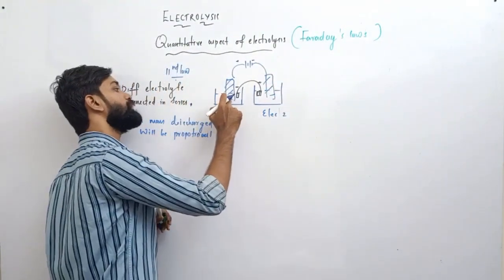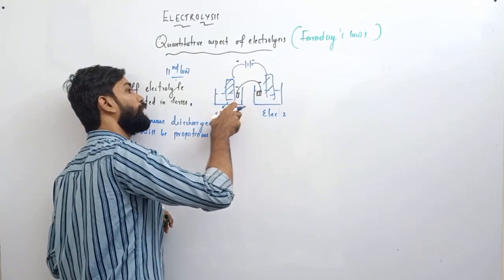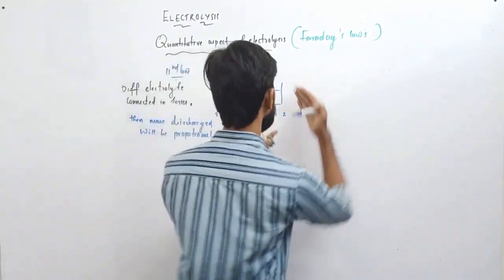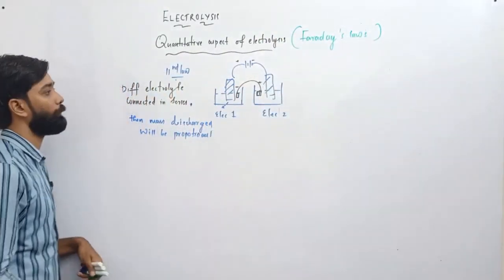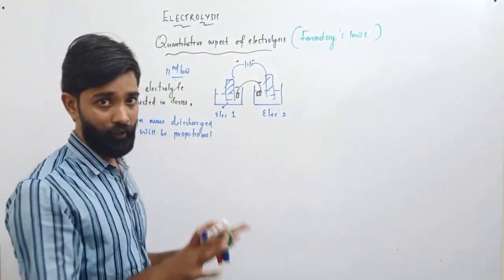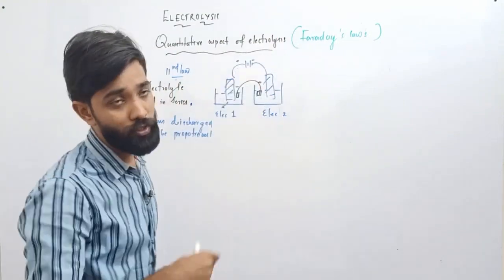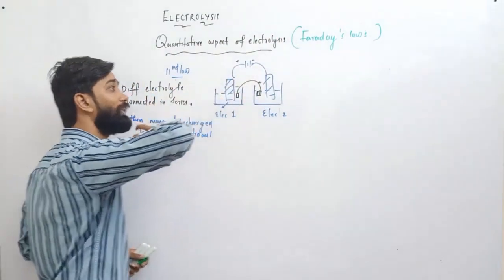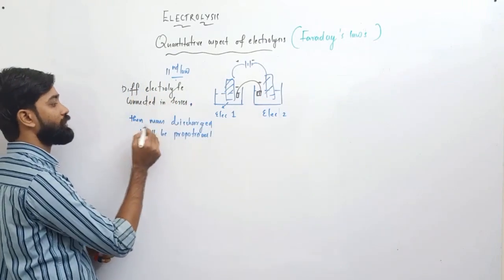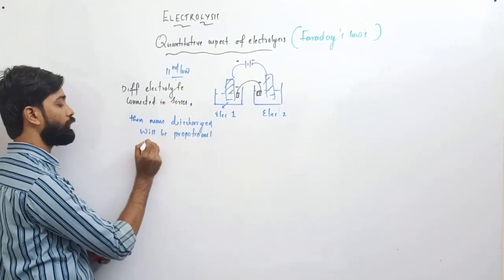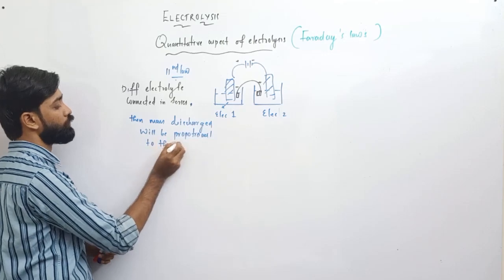Here the discharged amount is proportional to the equivalent mass of electrolyte number 1, and here proportional to the equivalent mass of electrolyte number 2. That is the concept, okay? The condition is that there are two different electrolytes connected in series, which means the same amount of current is passed in the very same time for the two electrolytes, okay? So the mass discharged will be proportional to their own equivalent mass.